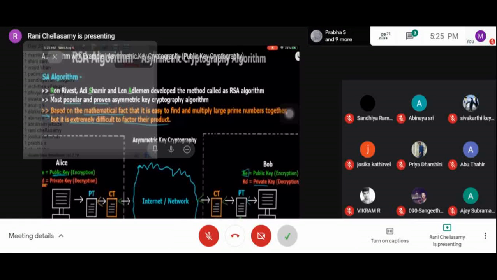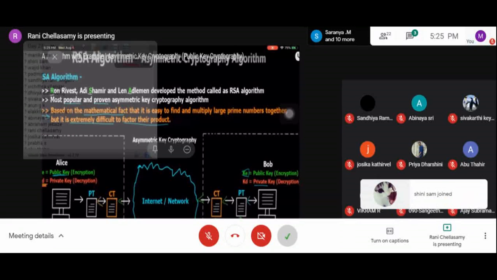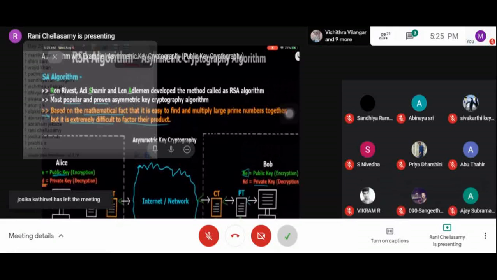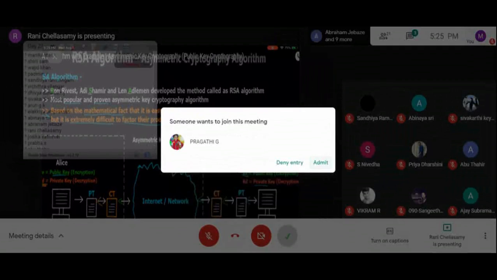Compared to ECC, RSA is very easy to implement and easier to understand. It is widely deployed and has better industry support. These are the important advantages of RSA.